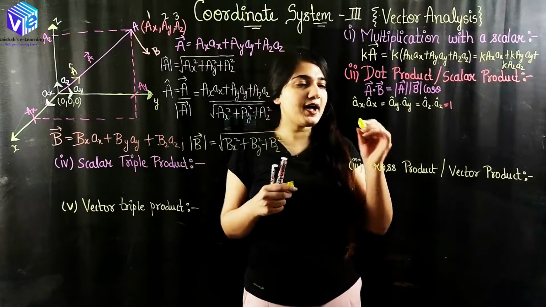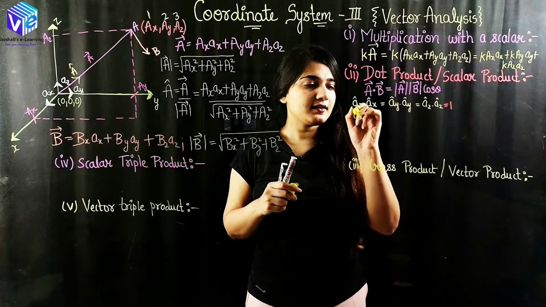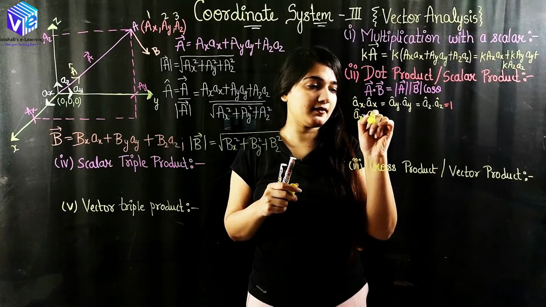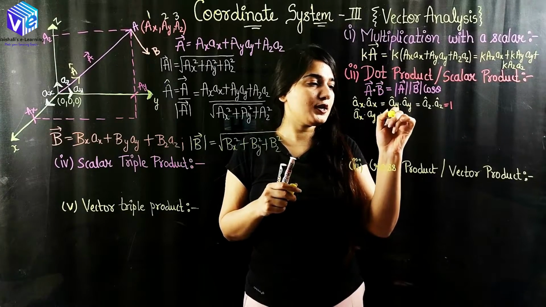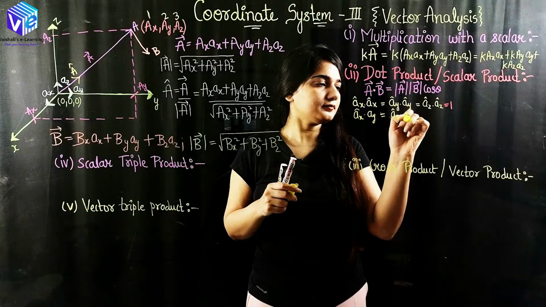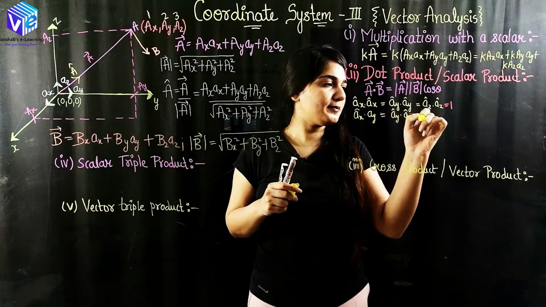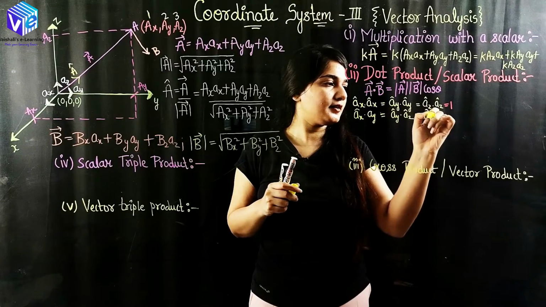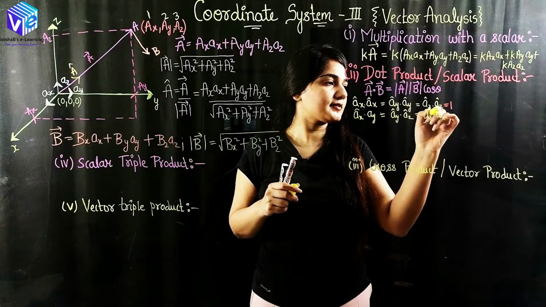Now if I have to find ax dot ay, it will also be equal to ay dot az, which will be equal to az dot ax.